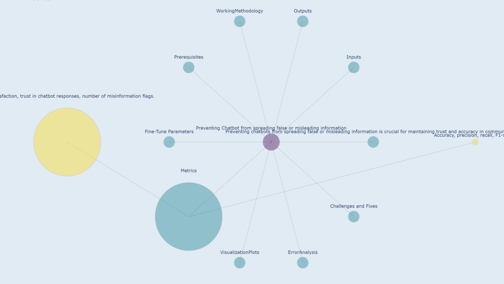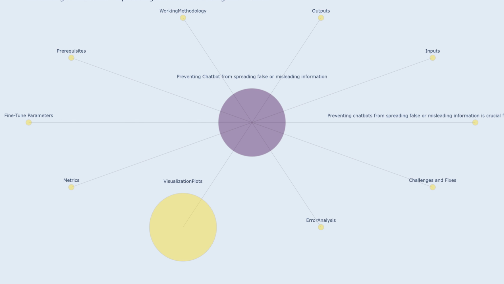Beyond technical metrics, user satisfaction, trust in chatbot responses, and the number of misinformation flags are crucial indicators of the chatbot's effectiveness in mitigating the spread of false information. High user satisfaction and trust, along with a minimal number of misinformation flags, signify a successful implementation.